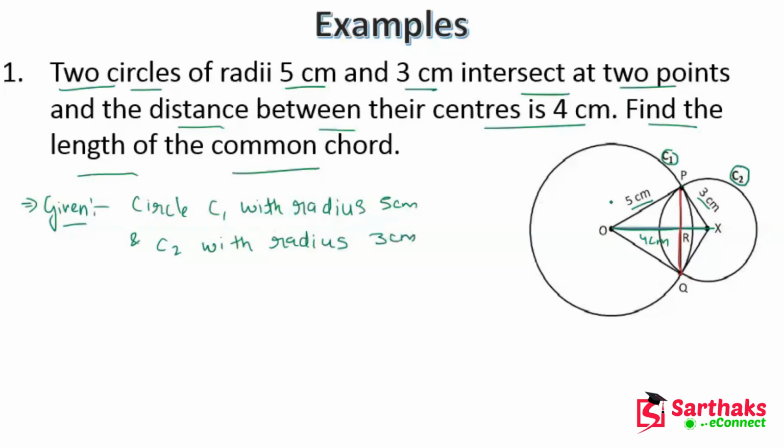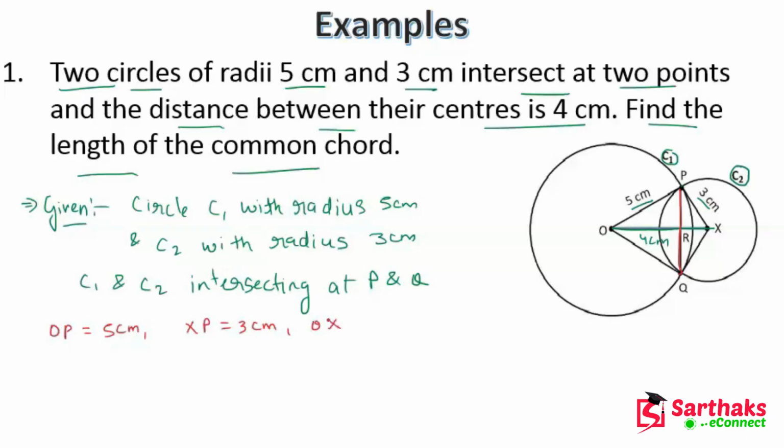These two circles C1 and C2 intersect at P and Q. OP is equal to 5 cm, XP is equal to 3 cm and OX is equal to 4 cm.